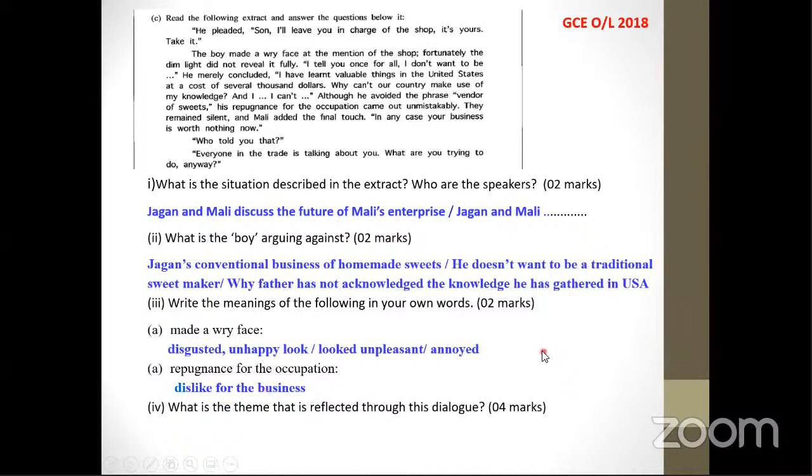And last, part 4: what is the theme that is reflected through this dialogue? I would like you to send me the answer for that. Try it. We have the dialogue, conflict coming here, father and son speaking. Can you try? Make it a try.